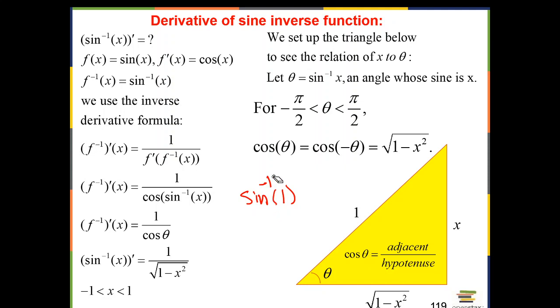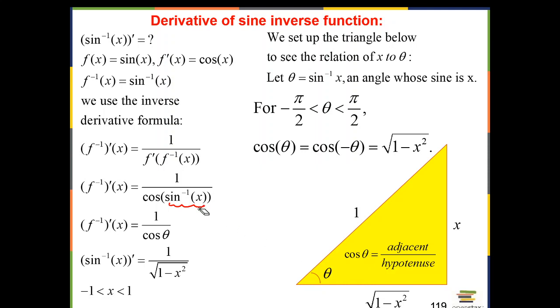So here, when we write sine inverse of x, we're looking for an angle whose sine is x, right? So what we can do is draw a triangle and have this be the angle we're looking for. We put it right here. This is theta we're looking for.